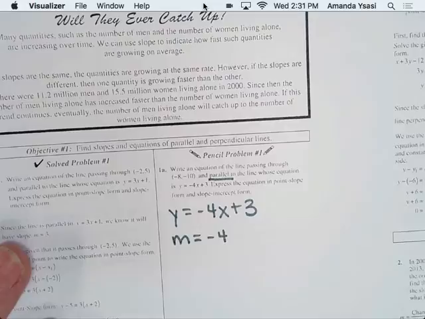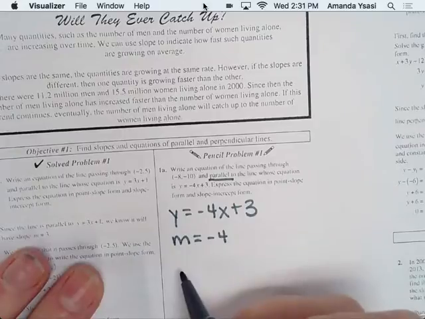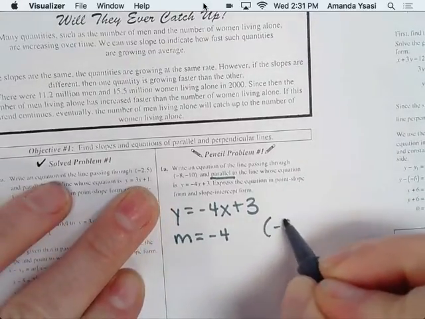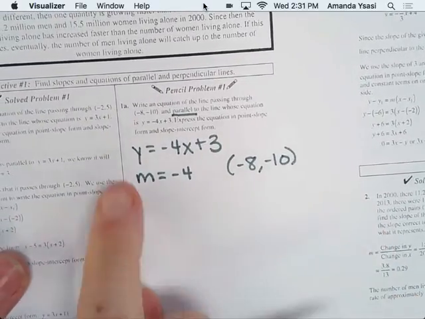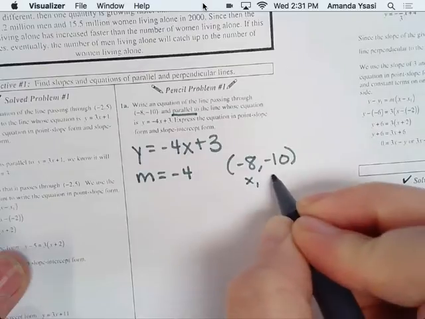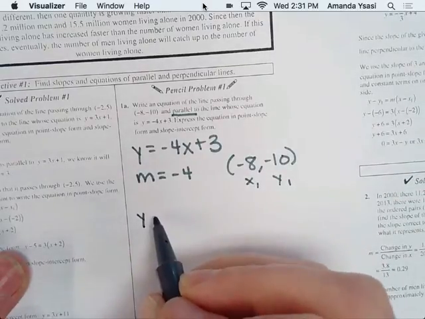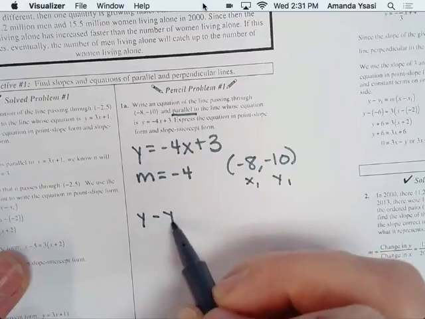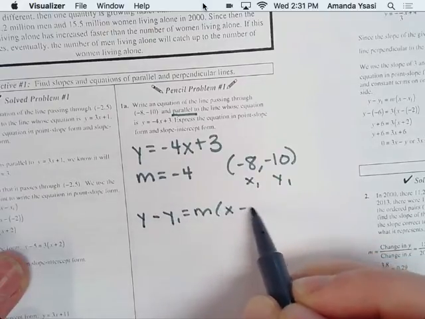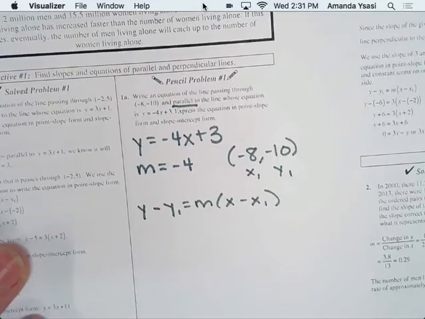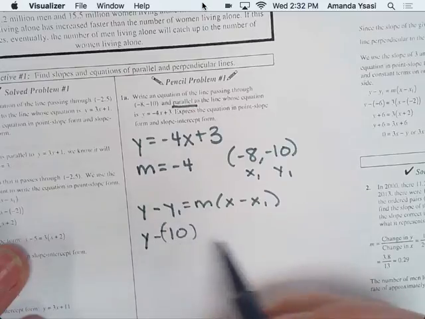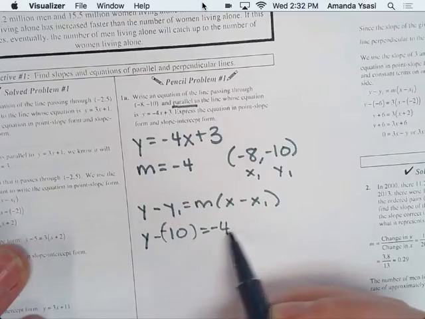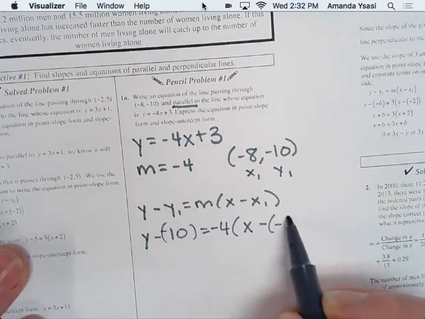And we are going to use the point-slope form to find the equation of the line that goes through (-8, -10). So we have the slope. Now we need to label this x1, y1. So y minus y1 equals m times x minus x1. So it'll be y minus a -10 equals -4 times x minus a -8.